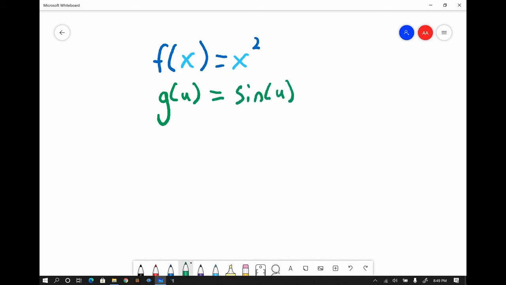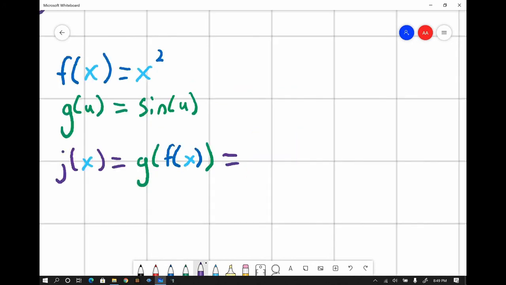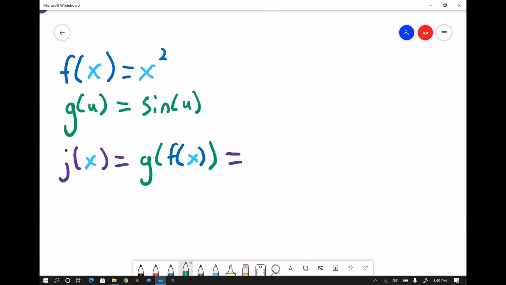Now, if we create a composite function out of this, so j of x is equal to g of f of x, we will have j of x as the sine of our input, which is x squared.